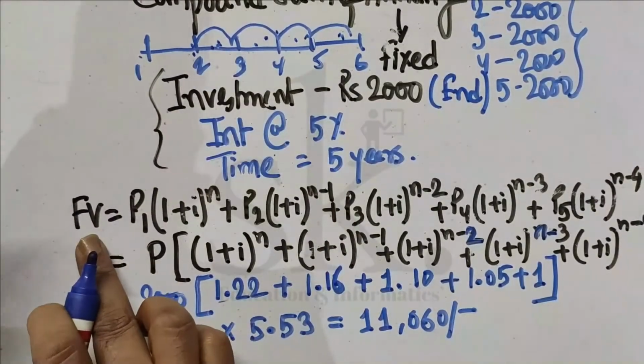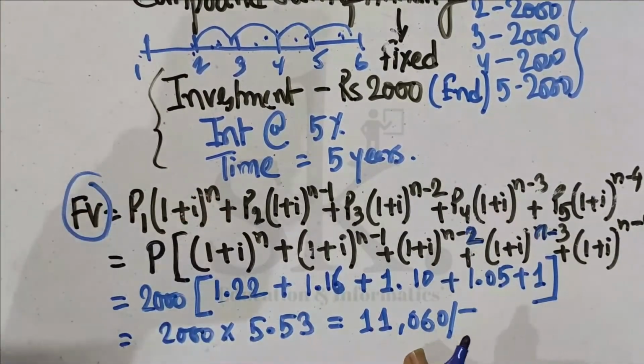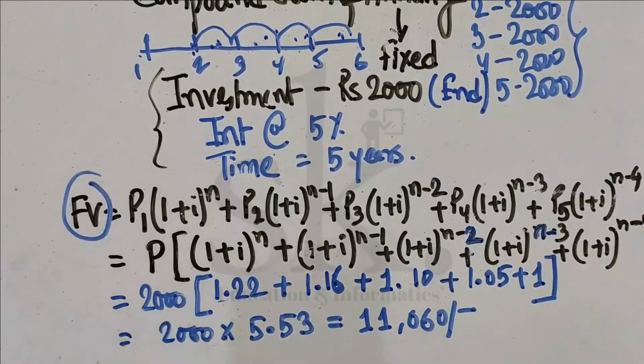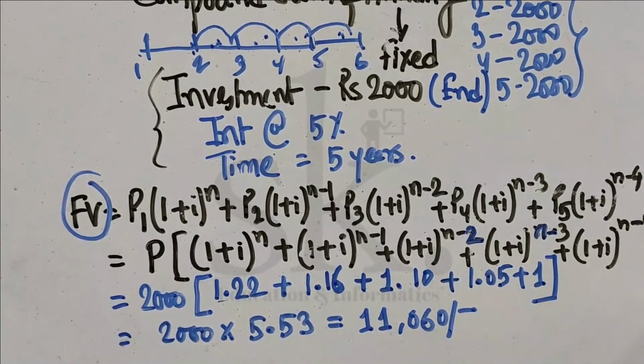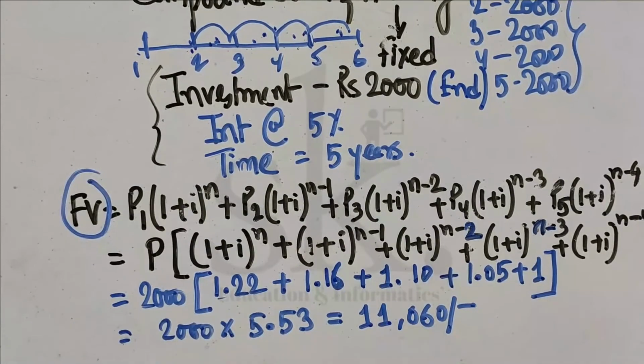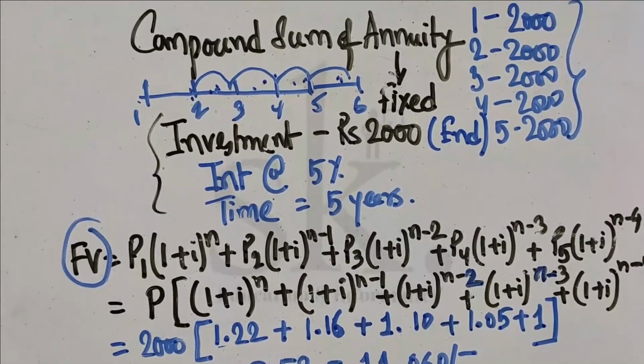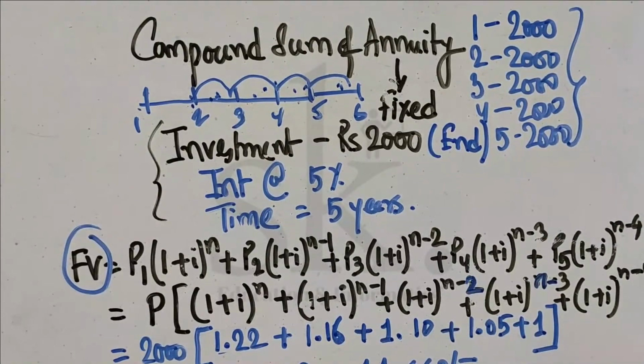So I was basically calculating future value. So future value is coming 11,060. Now this is how we have solved this, using the mathematical calculation formula. So we have got 11,060. So this is what the answer is with reference to the calculation of future value.